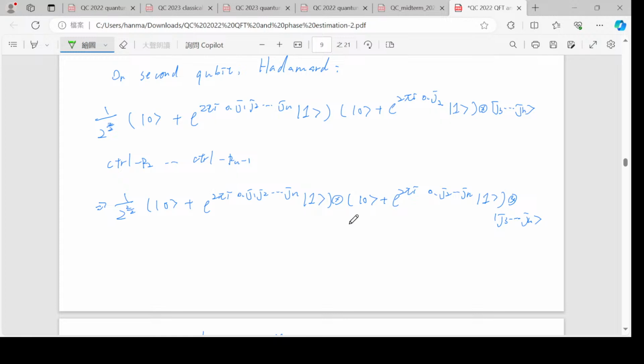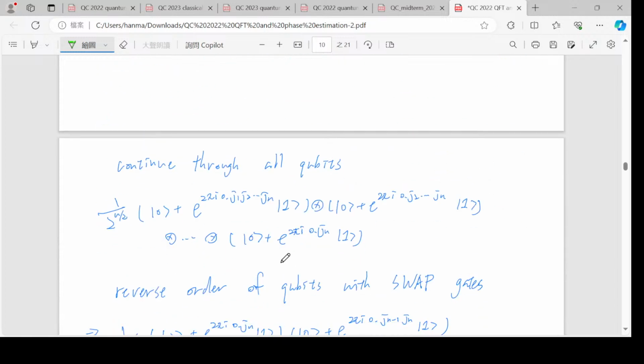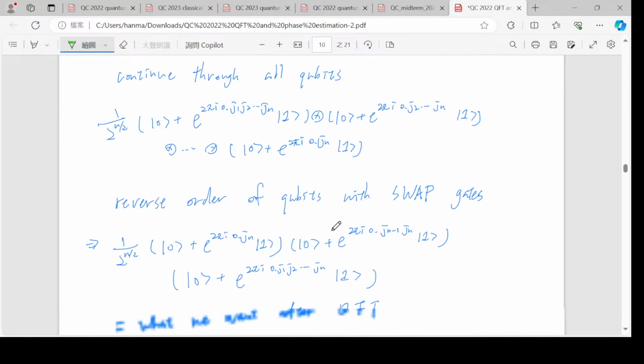So you turn the second qubit into the thing we want, and now J3 to Jn is still in computational basis state, and the other computation doesn't depend on J2 anymore. Continue all the way through, then you get the state we want, but in reverse order, and we fix the order with a whole bunch of swap gates.